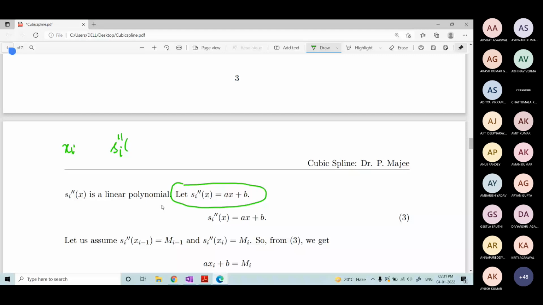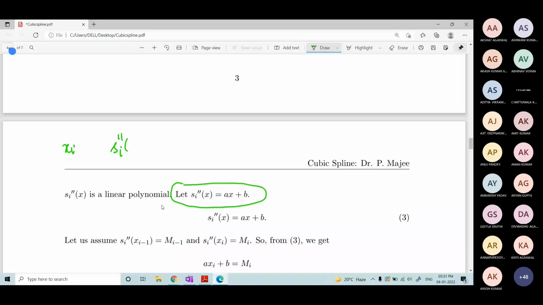So how many equations are there? The number of equations will be equal to the number of internal points. So for n plus 1 data points, how many internal points are there? n minus 1. So the number of equations will be n minus 1.